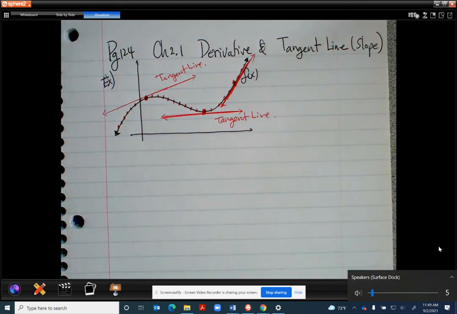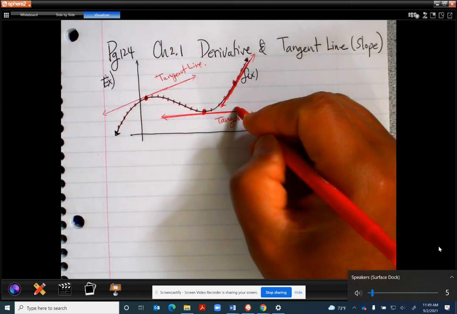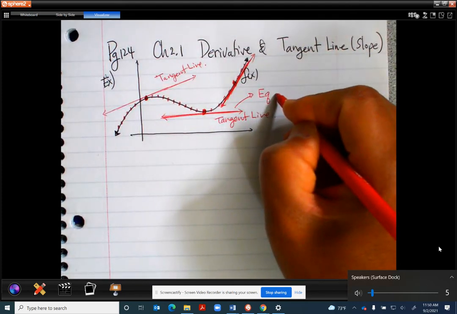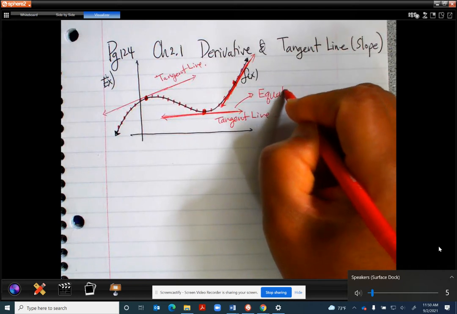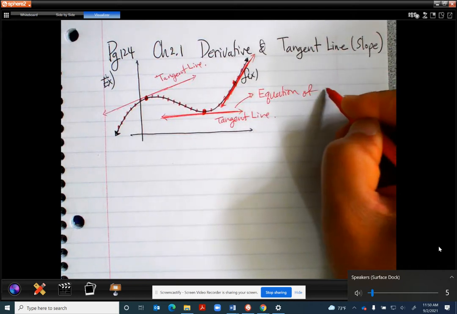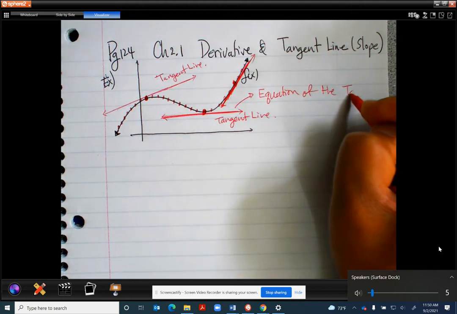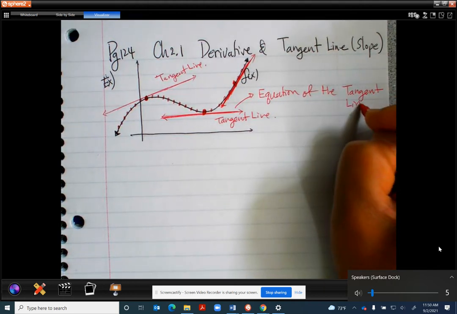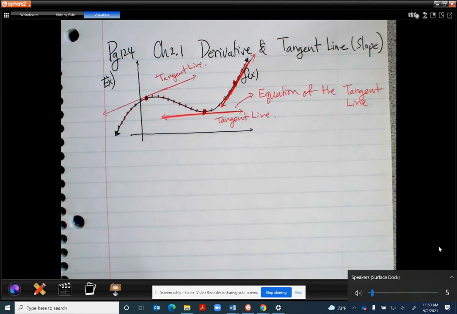Alright, so our goal today is to find the equation. Do you see all these lines? We want to find the equation of the tangent line.